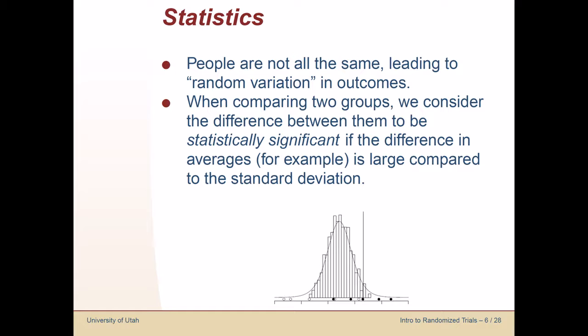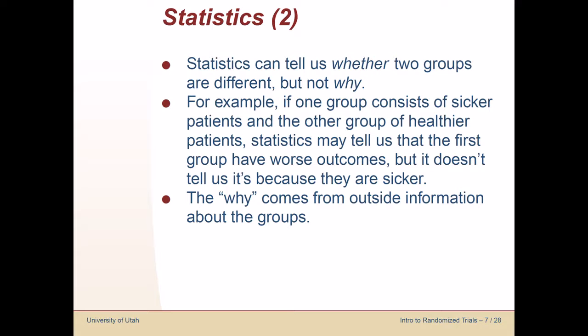And when you're comparing two groups to each other, we may consider the difference between the two groups to be statistically significant if the difference in, say, averages is large compared to the standard deviation. Now, there are different kinds of outcomes and such, but the basic idea is this. If the differences are large compared to the variability, then we claim statistical significance.